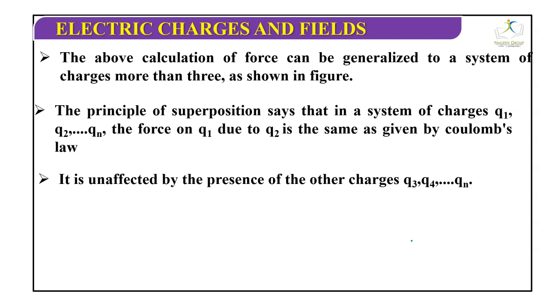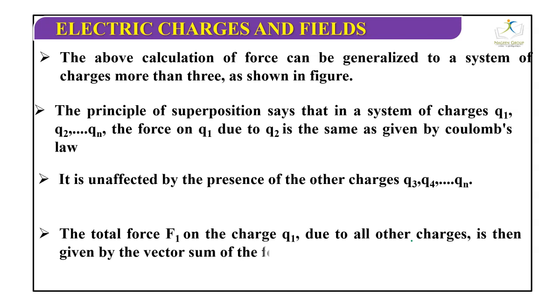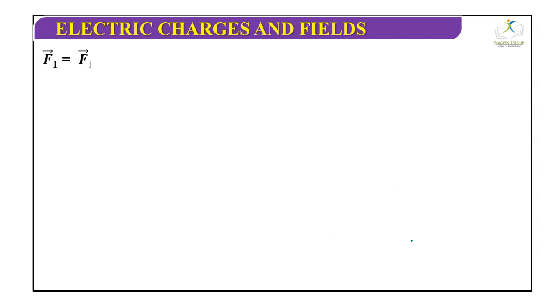It is unaffected by the presence of Q3 or Q4 or Qn. So the net force F1 on Q1 due to the other charges will be the summation of all, that is F12 plus F13 plus F14 up to F1n.